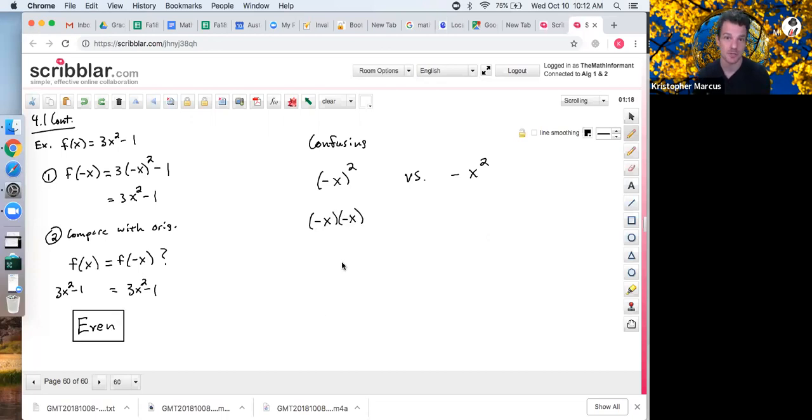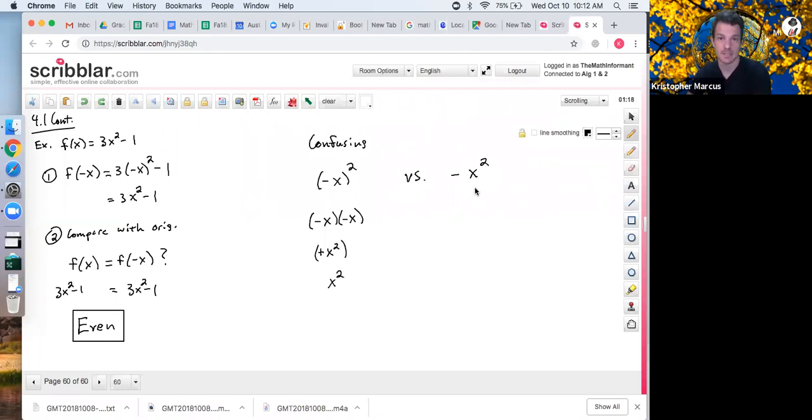That's the definition of squaring. Multiply by itself. Well, if you do this, what you're allowed to do is rewrite this. So when you rewrite it, negative and negative will make it positive, and an x times an x makes x squared, but that's really the same as just writing x squared.